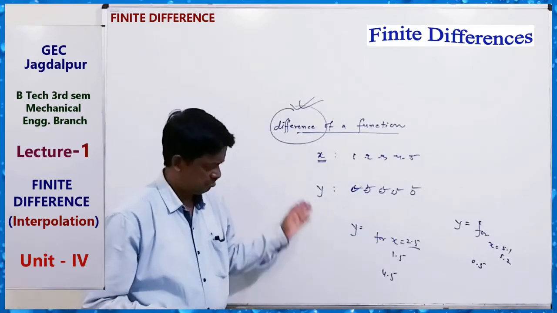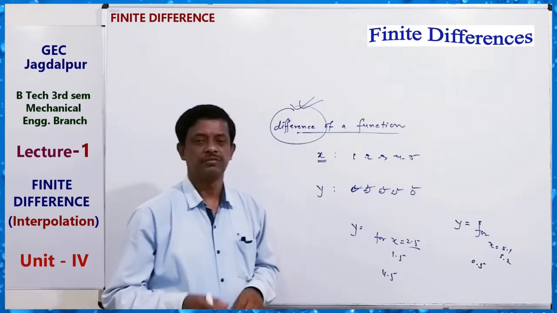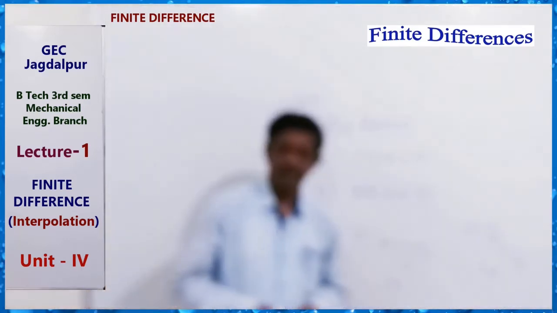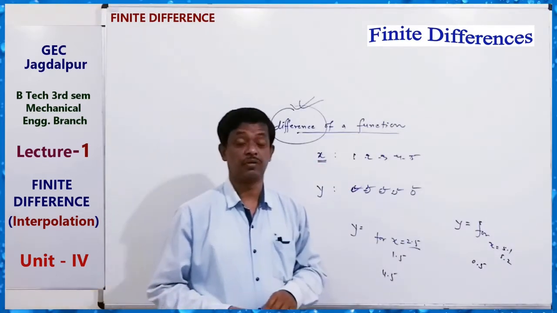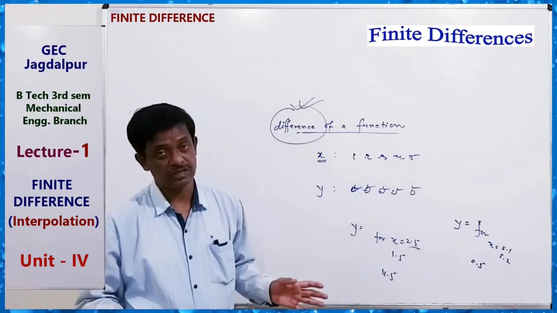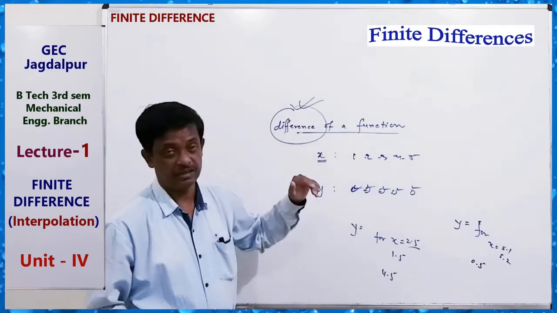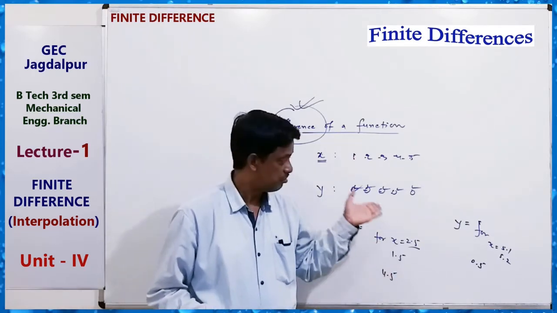There are many formulas. We will discuss four or five: forward formula, backward formula, Stirling's formula, Bessel's formula. All the formulas depend on differences, and they are used for interpolating the values of functions.